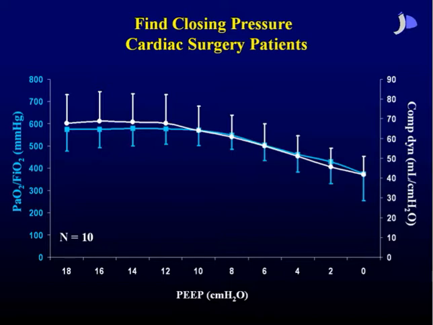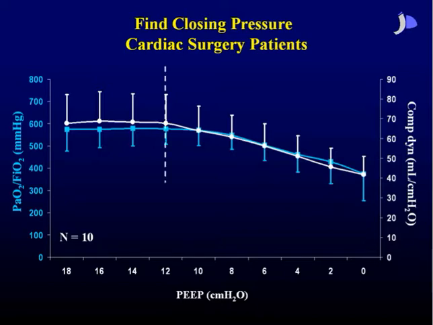If you look at the first group, patients after cardiac surgery, and compare the behavior of compliance and oxygenation, the values are the mean values of 10 patients with the standard error of the mean, and these are the decremental PEEP values during the experimental trial. We can see that compliance reached a maximum and a peak even before oxygenation started to decrease.